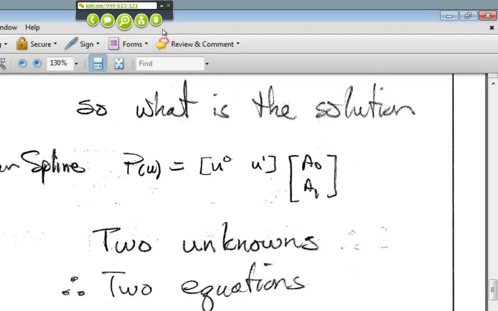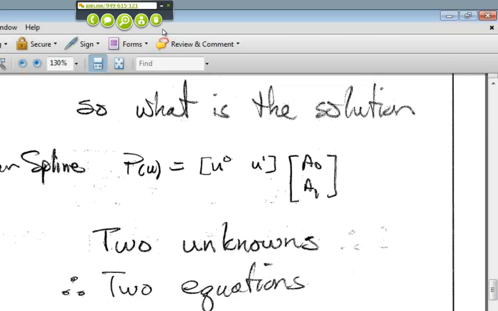When we're at point 0, where do we want u to be? We want the value of u to be 0. U to the 0th power is what? 1. 0 to the first power is 0 times our coefficients.